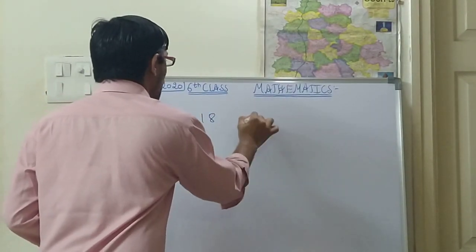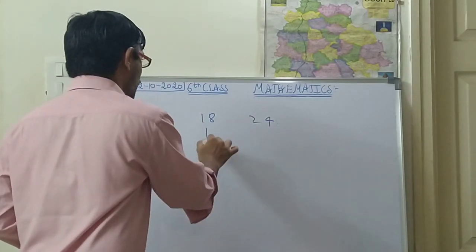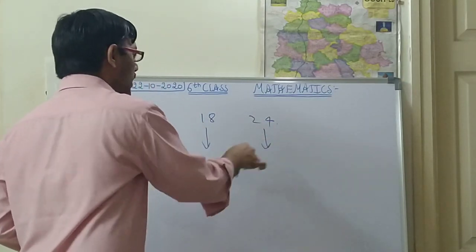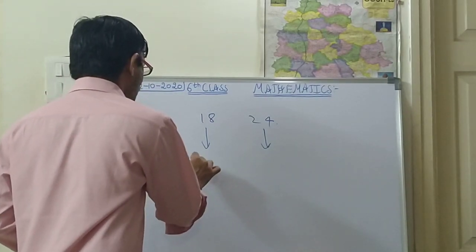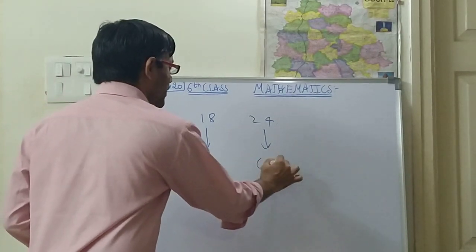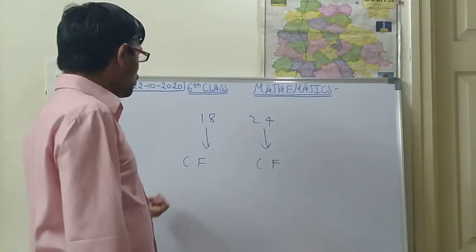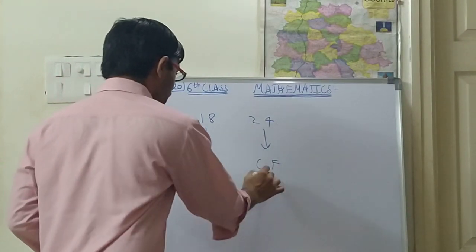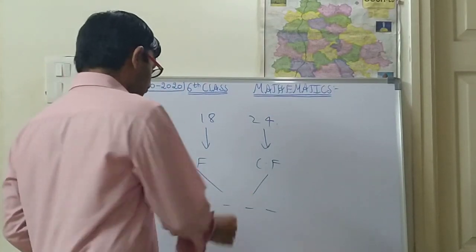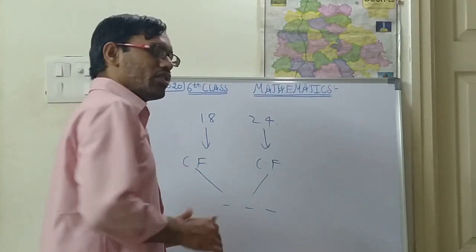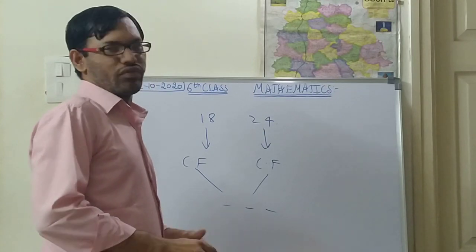Suppose if 18 and 24 are there, we found the factors of 18 and the factors of 24, and in the factors we selected the common factors. Is it right, children? Suppose two or three common factors are there, we also saw which is the greatest common factor.